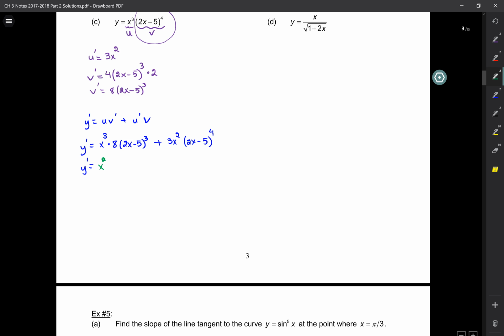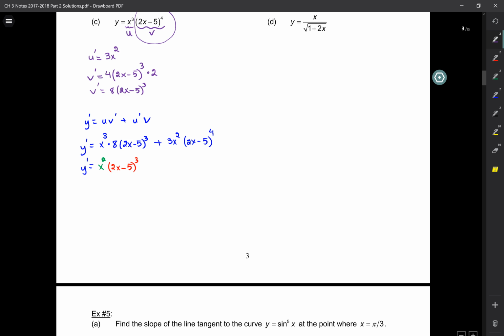What else can you factor out? Okay, look, 2x minus 5, 2x minus 5. How many can we factor out? All 3, yes. So we are also going to factor out 2x minus 5 cubed.